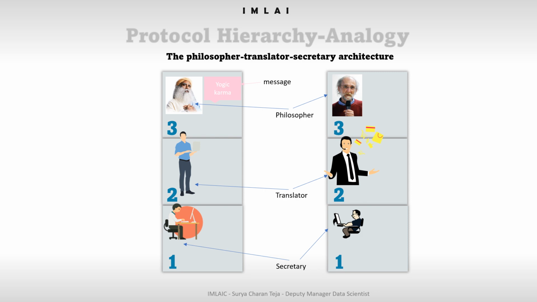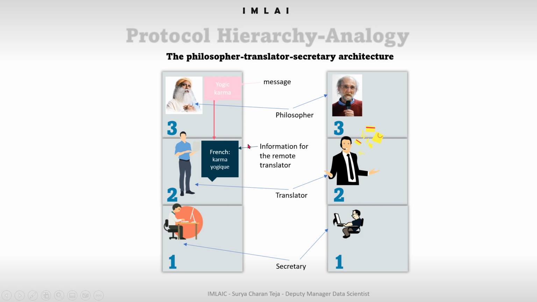So now across the 3-2 interface, through this interface he has passed that message, and then it has reached the translator saying yogic karma. So the translator received this message as yogic karma.